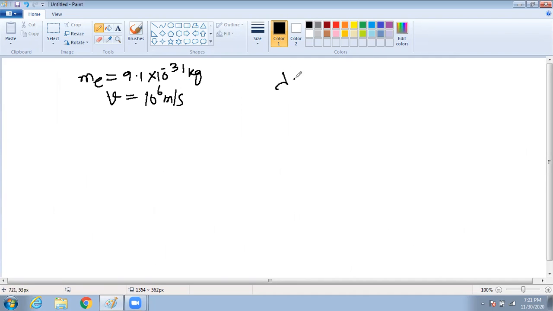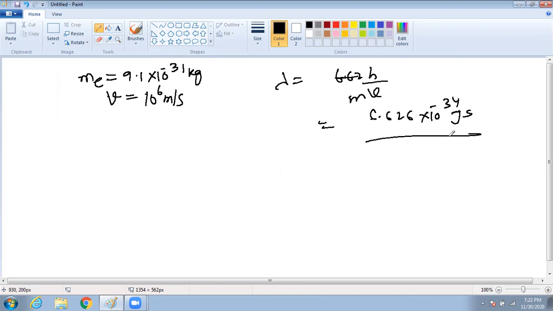Then what is the wavelength? Lambda will be h by mv. h is 6.626 into 10 to the power minus 34 joule second, divided by mass 9.1 into 10 to the power minus 31 kg into 10 to the power 6. So 31, 34, the remaining is minus 3. This goes up, so it will become minus 9.